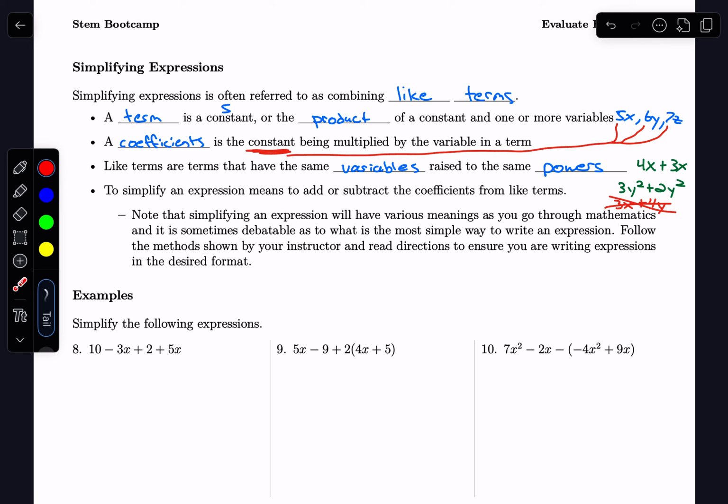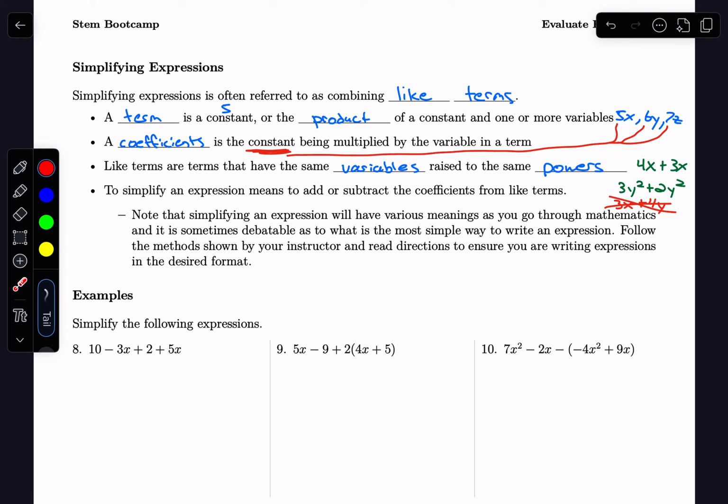All right, so now a quick note. I'm referring to what we're doing here as simplifying expressions, because that's what it is. But simplify, the word simple, will mean a lot of different things as you go through math and, quite honestly, the rest of your life. So the note here is that simplifying expressions will have various meanings as you go through mathematics, and it is sometimes debatable as to what is the most simple way to write an expression.